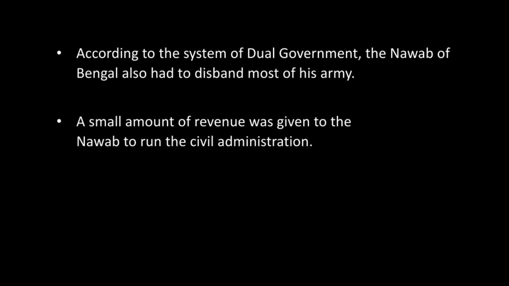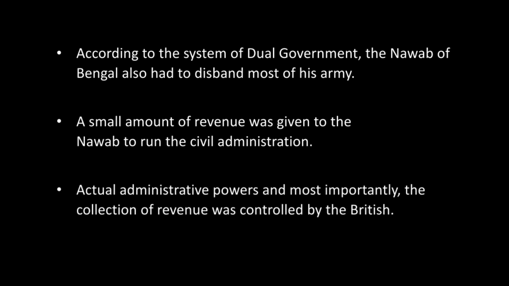A small amount of revenue was given to the Nawab to run the civil administration, and all the other shares were taken by the British. The actual administrative powers, and most importantly, the collection of the revenue, were controlled by the British. So that was the system.